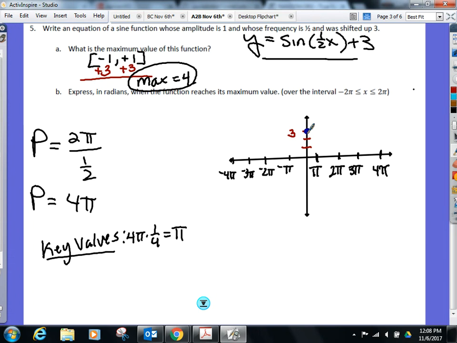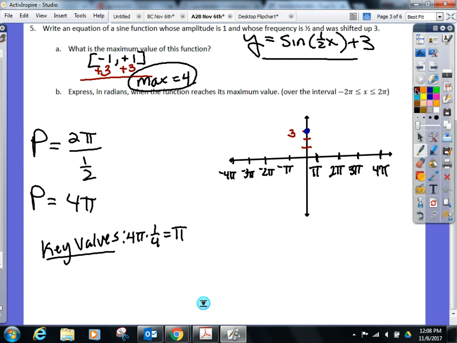Everyone okay? If not, think about your sine curve. It starts at 0, then it goes up to its max. What's the max on this curve? We just found out in part A. What's the max? 4. So it's going to go to 4 at the next key value.